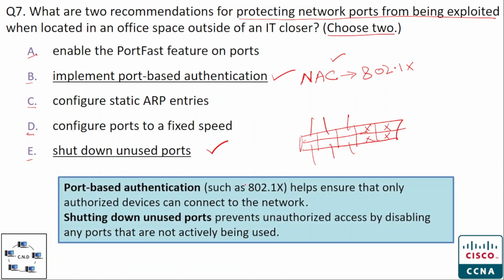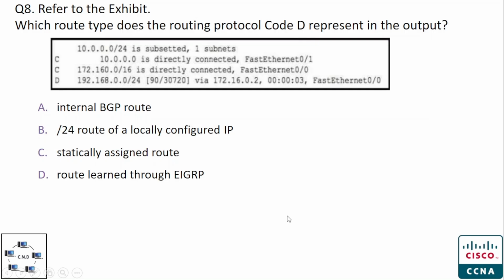The port-based authentication, that is 802.1x, helps ensure that only authorized devices can connect to the network, while shutting down unused ports prevents unauthorized access by disabling any ports that are not actively being used, as I already explained.